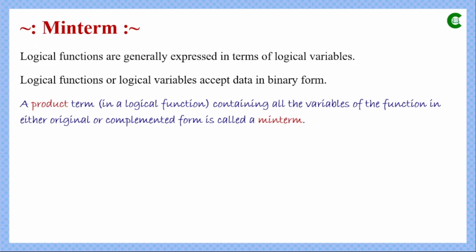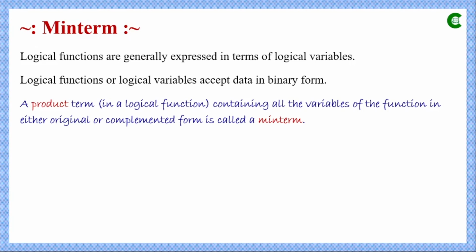Now, the minterm. A minterm is a product term in a logical function containing all the variables of that function in either original or complemented form. These logical variables mostly are inputs to the digital circuit whose functionality is represented by the logical function.